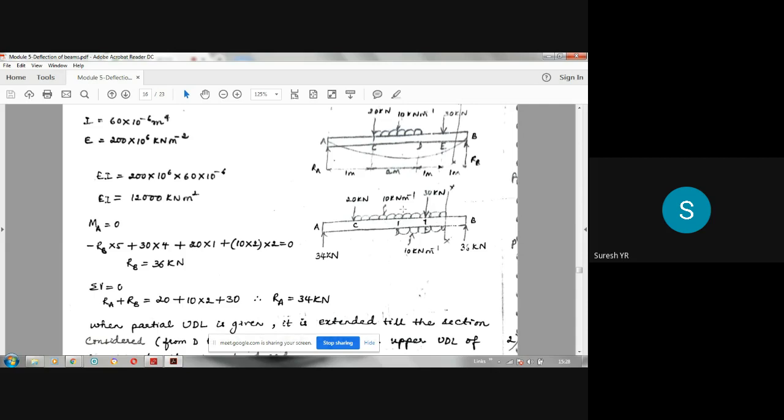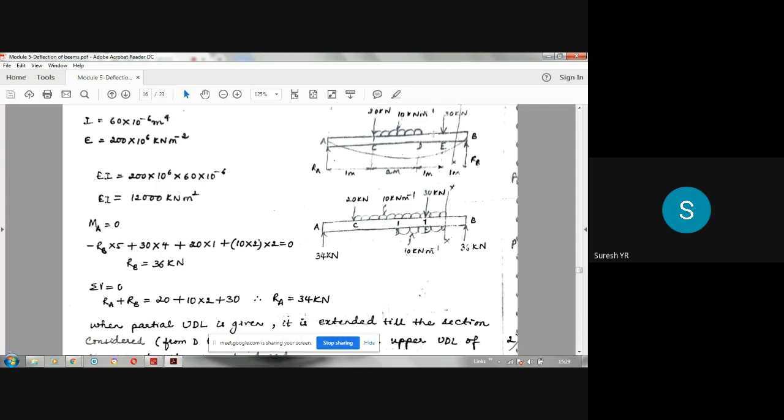So from here to here, I have additionally applied UDL. Same from here to there, I have to apply a UDL in the upward direction, so that this UDL and this UDL get cancelled, and originally whatever load is there on the beam, it will be retained. That is it. So this is an extra step. Please note that this is an extra step when partial UDL is given. When UDL is not given over the entire beam, when partial UDL is given, this is the procedure.